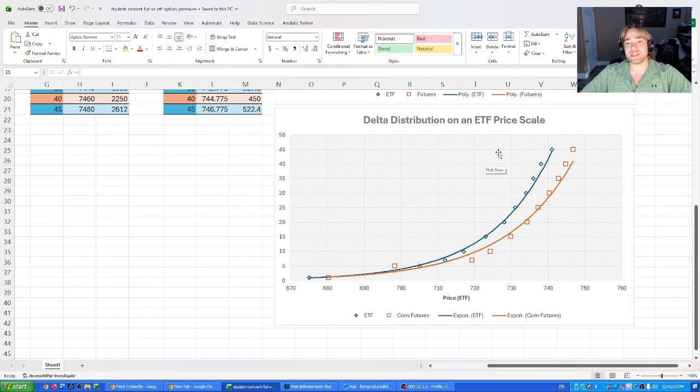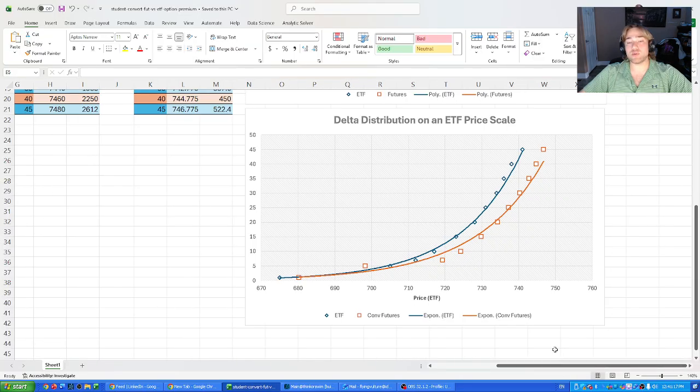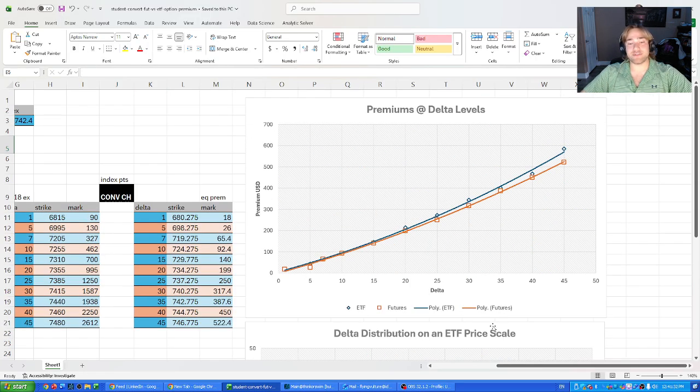You can also see when we take financing fees and hedge ratios, and we basically convert the E-mini to the SPY price like you would do a futures to its cheapest to deliver, not only are options cheaper on the E-mini, but the probabilities are closer in time, so you almost have that sort of gamma squeeze long on those E-mini options, plus you're paying less for them.